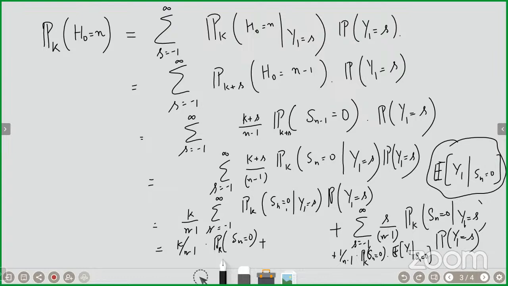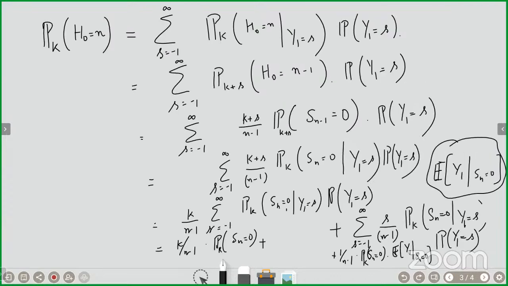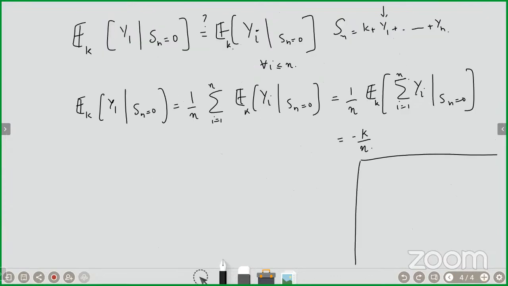This we like. This answer I already have. I don't understand this term. S over n minus 1 sum over s, condition y1 equal to s. Y1 equal to s, I can always flip it around.